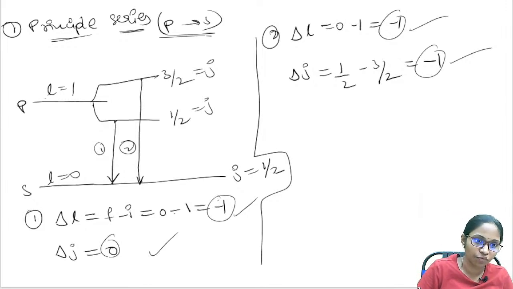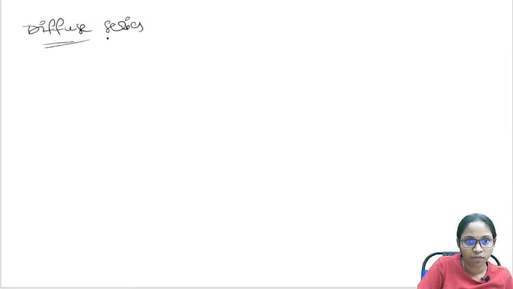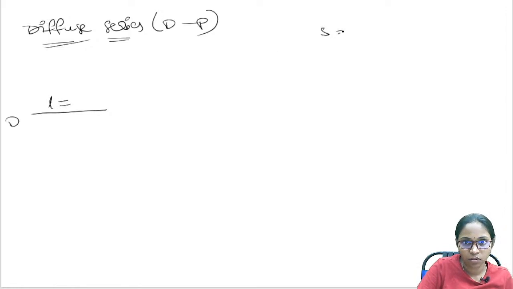And coming to the diffuse series, the electron transition takes place from D orbit to P orbit. I will give you one more example. Here I am taking the D orbital, and the L value is S equals 0, P equals 1, D equals 2.